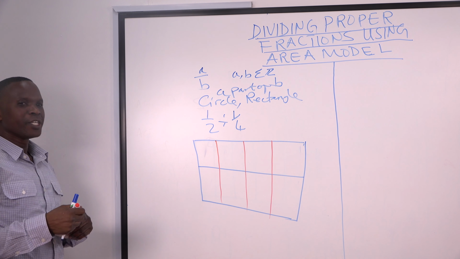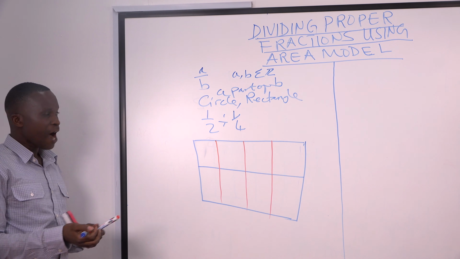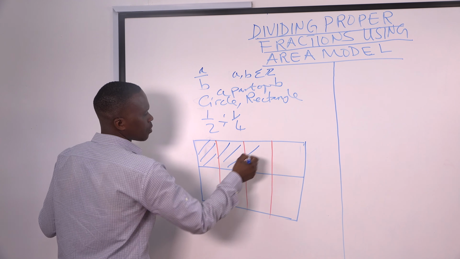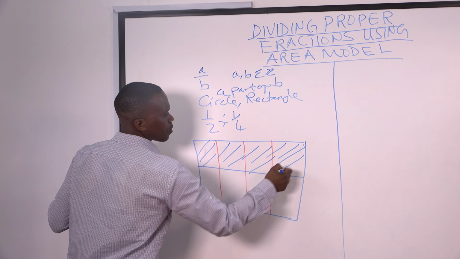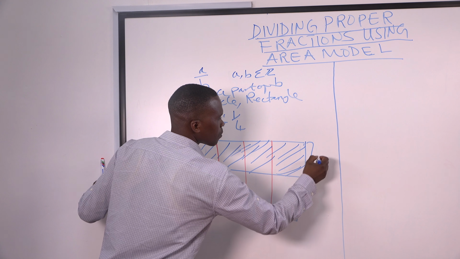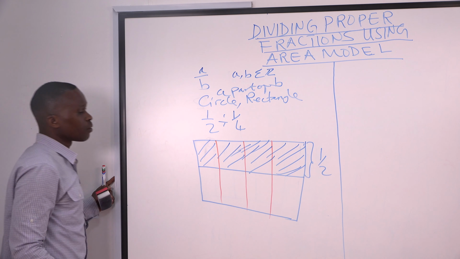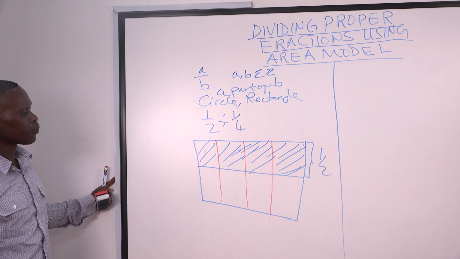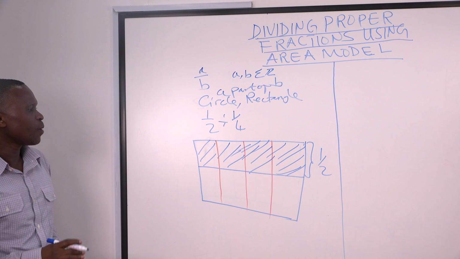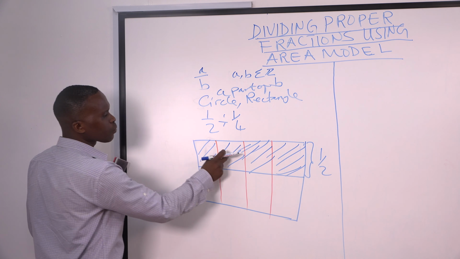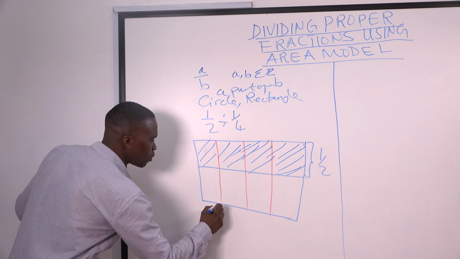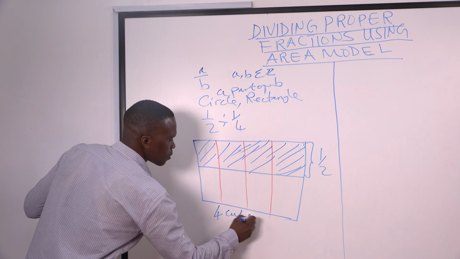The first thing we need to do is shade the half portion. When you shade this one, this is a half of the rectangle. Then you need to ask yourself, how many cubes do you have in 1 half? When you count 1, 2, 3, 4, you discover that in 1 half you have 4 cubes.